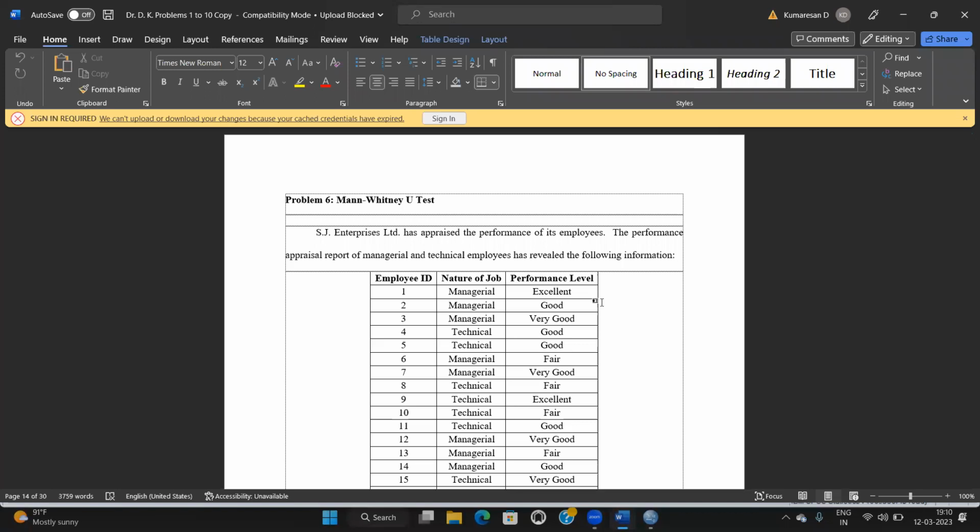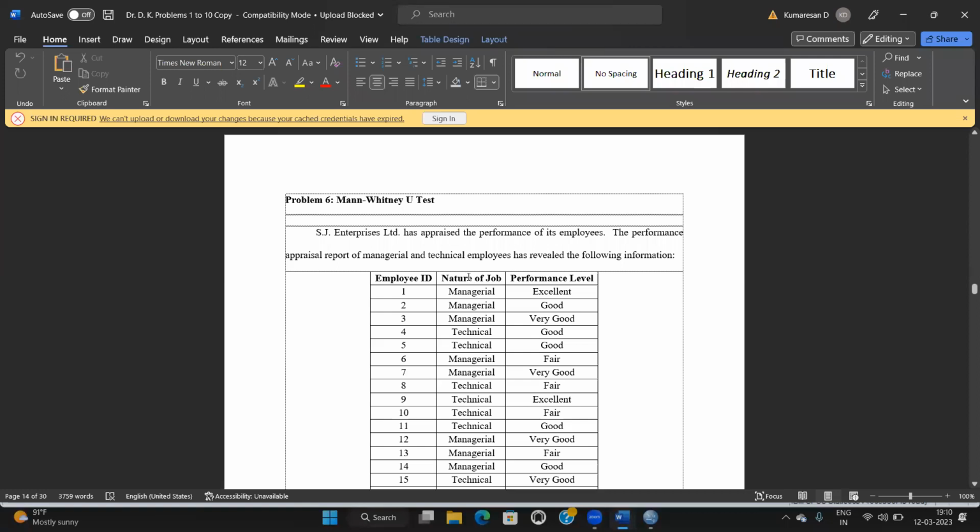Their performance level is measured based on the nature of job. The employees are divided into managerial and technical. So there are two samples, two categories of respondents.